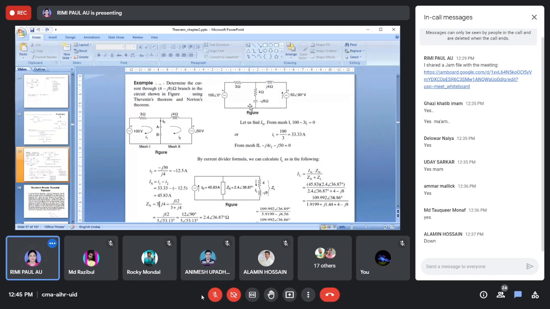Next, you have to take this same circuit and solve it using Thevenin's theorem. And again, you will find out the load current. So these three load currents should be the same. And you have to write down in your assignment and submit.